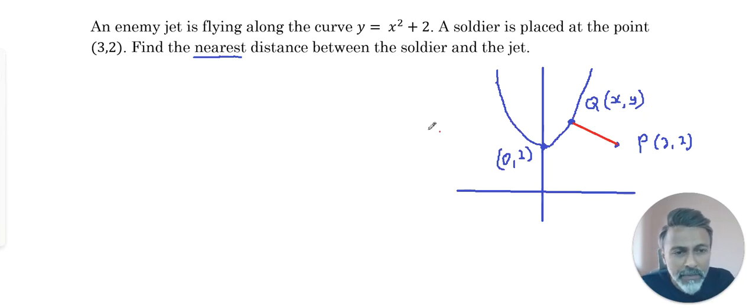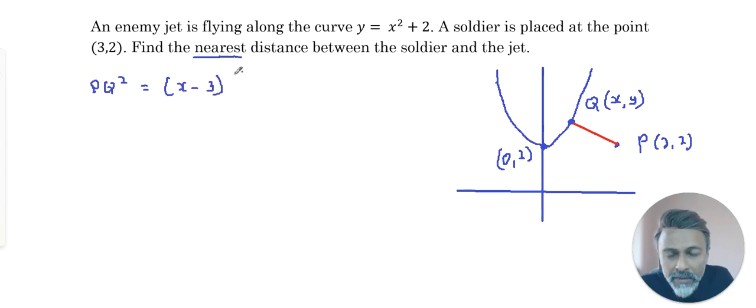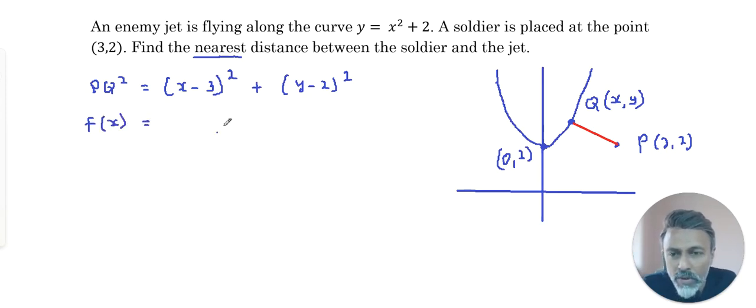Let's proceed. Let's write by distance formula. PQ square is equal to (x minus 3) whole square plus (y minus 2) whole square. We can call this PQ square as y or f of x. Let us call it f of x. You can call it y also. No need to square root.